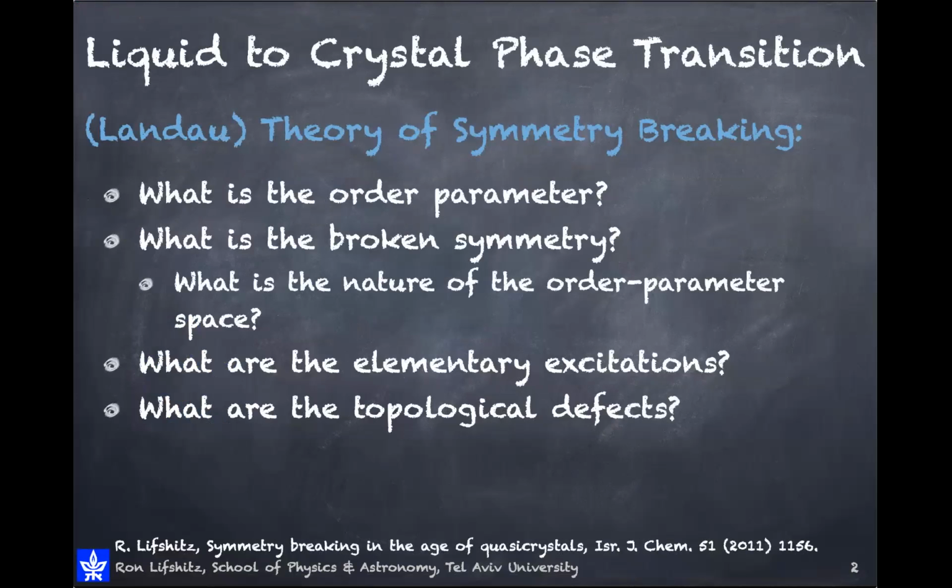So I want to talk about crystals, and crystals form normally from a liquid through a phase transition. And these are phase transitions that we call symmetry breaking phase transitions, because what happens during these kinds of transitions is that we start from, in this case, the liquid, a uniform structureless phase.